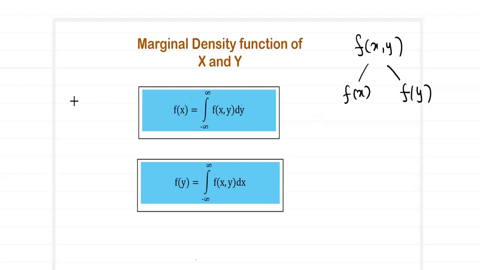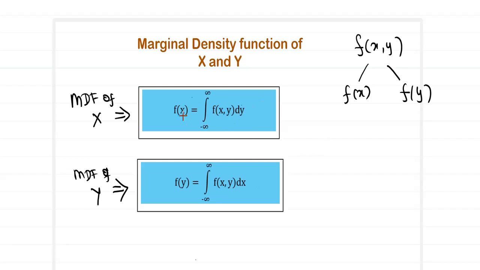Now, the marginal density function of the random variable x is denoted by f subscript X, and it is the integral from minus infinity to infinity of f of x comma y dy. The marginal density function of the random variable y, f subscript Y, is the integral from minus infinity to infinity of f of x comma y dx.